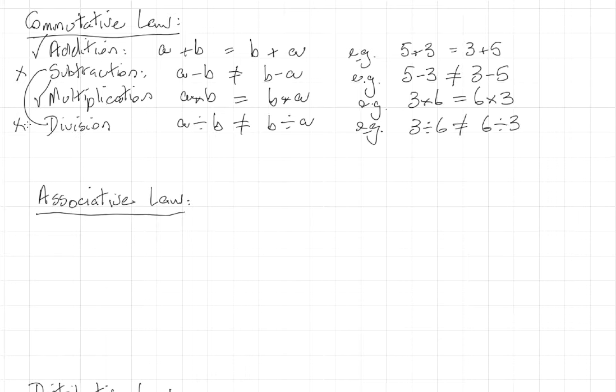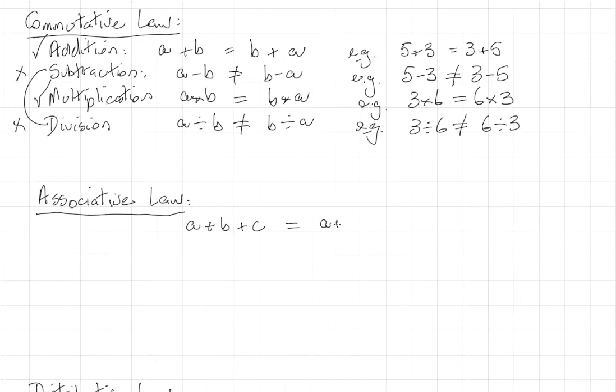The associative law is when we've got three variables. So I'll just state them: A plus B plus C. It does not matter in which order you add numbers together if you've got more than two.